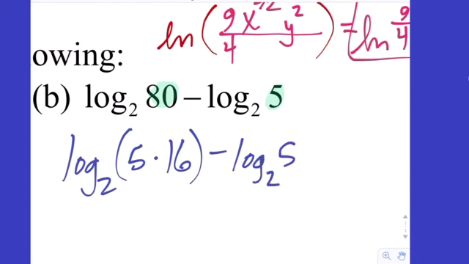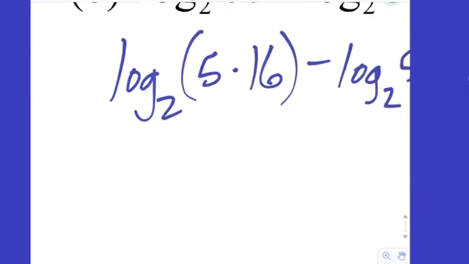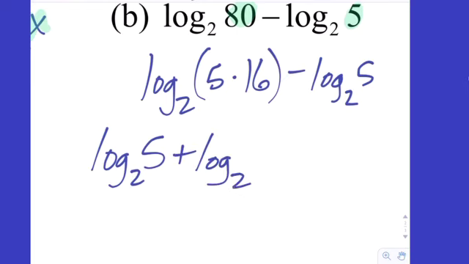So that's not a bad start, right? I didn't write 80 as a power of 5, but I wrote it with 5 as one of its factors. Now, what can we do with this right here? I have the log of a product. That turns into the sum of the logs. So that becomes log base 2 of 5 plus log base 2 of 16. And then I'll just bring down that other term.